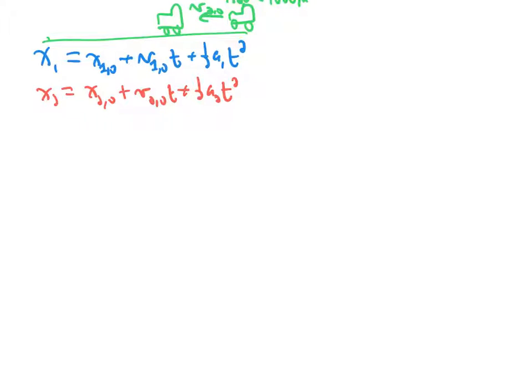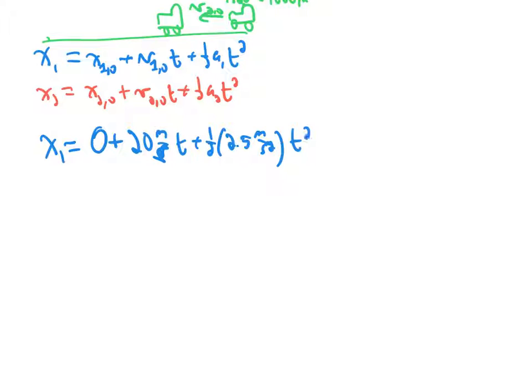And we're left with x1 is 0 plus 20 meters per second times t plus 1/2 times the acceleration, which is given as 2.5 meters per second squared, times t squared.